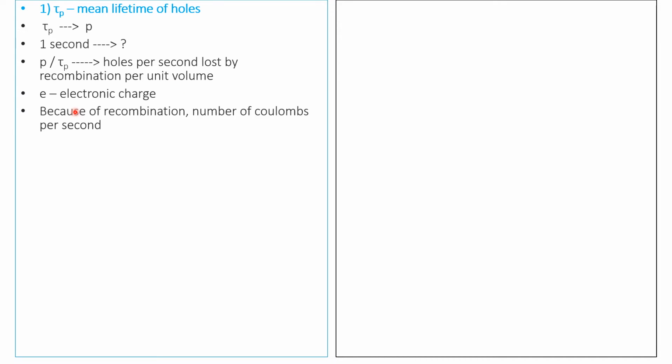E is the electronic charge. Because of recombination, the number of coulombs per second decreases within volume. That will be equal to E into A dx into P upon tau P. Equation 1.